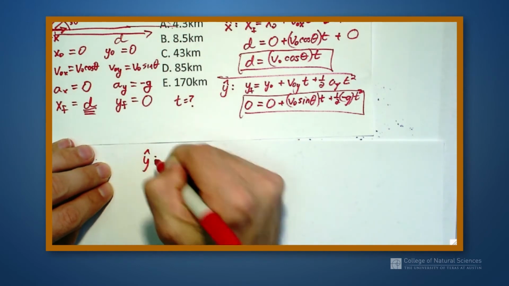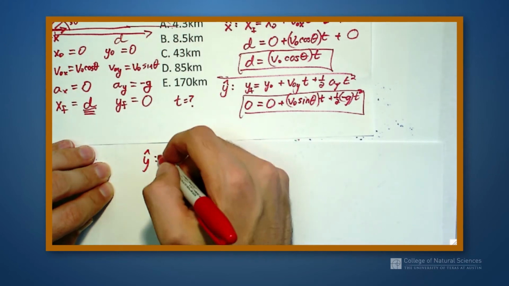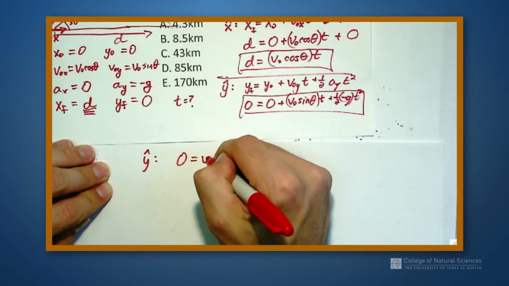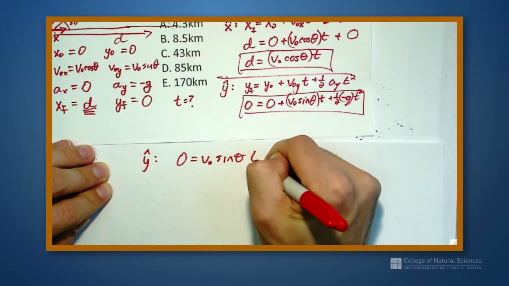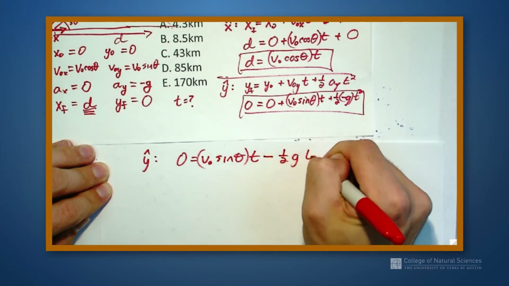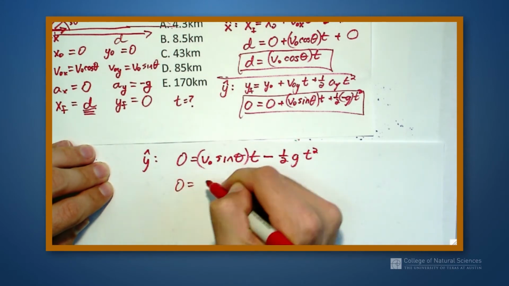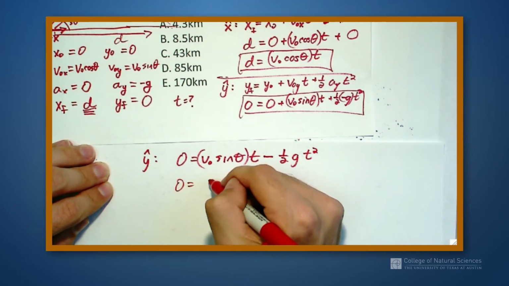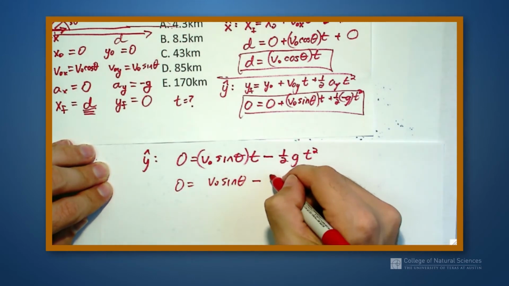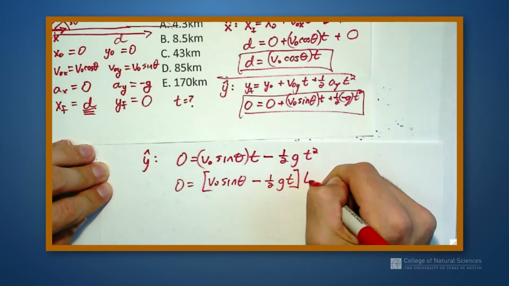So still in the y direction, I get 0 is equal to v naught sine of theta times time minus 1/2 gt squared. So this is 0 is equal to v naught sine of theta minus 1/2 gt quantity times t.